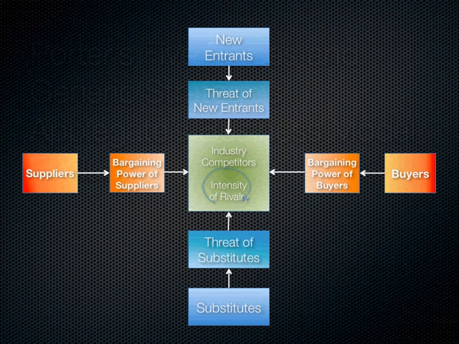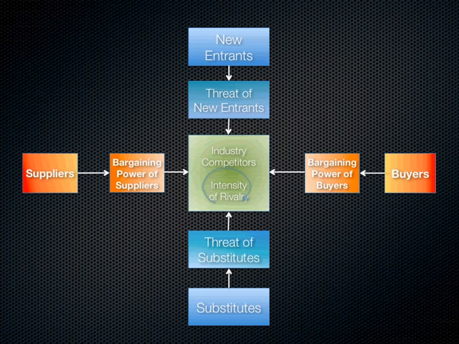Starting at the top, we have new entrants and the threat of new entrants in an industry, represented there in green. So it's not the new entrants that affect competition, but the threat of new entrants. Coming from the bottom, we have substitutes and the threat of substitutes that affects competition within an industry.